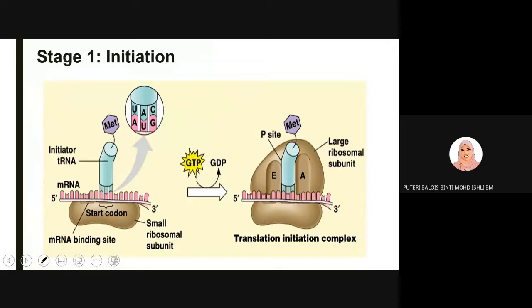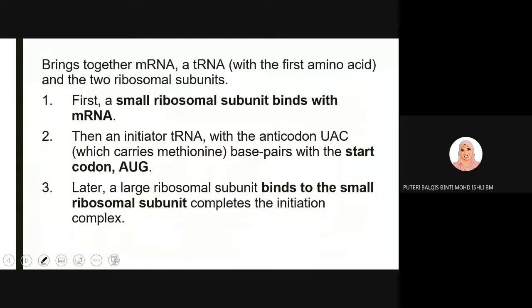Okay, this is the diagram of initiation. Saya cerita dulu, based on ayat. During initiation, it will bring together mRNA, tRNA, and the 2 ribosomal subunits. Maksudnya dia akan assemble. So what happens is, small ribosomal subunit binds with mRNA.